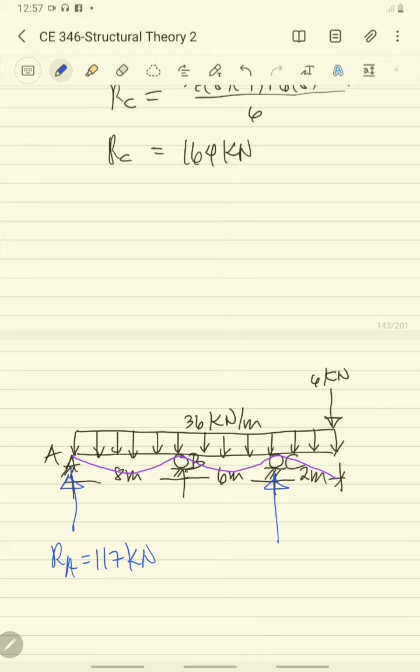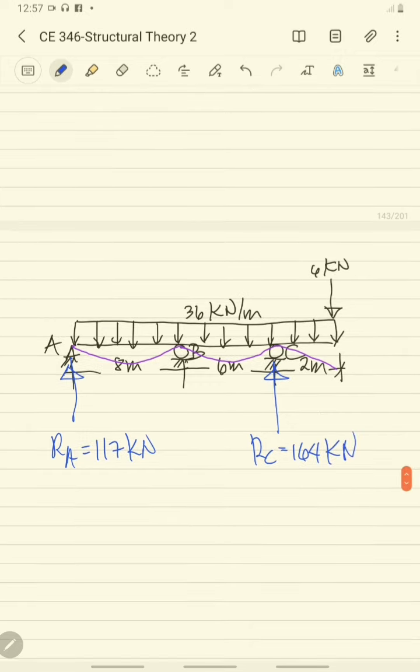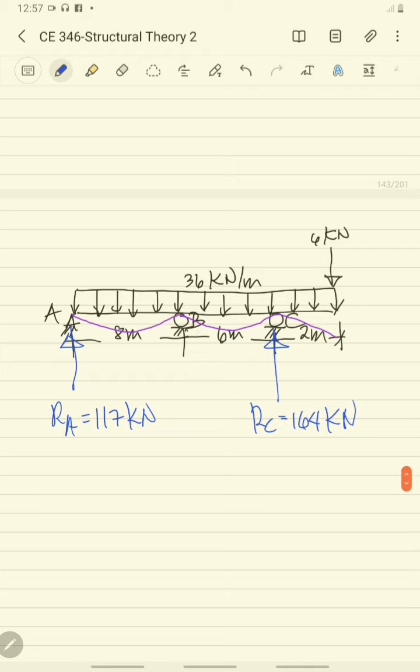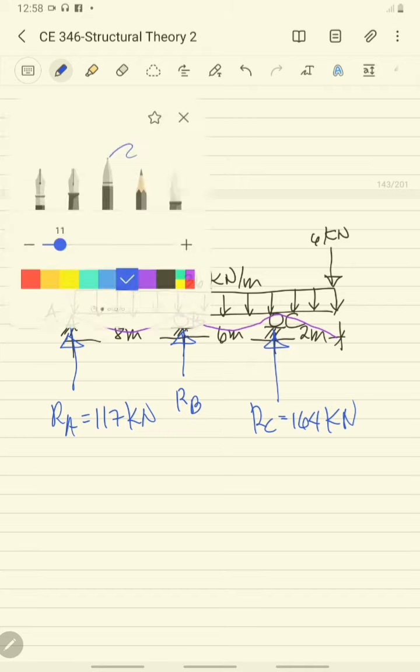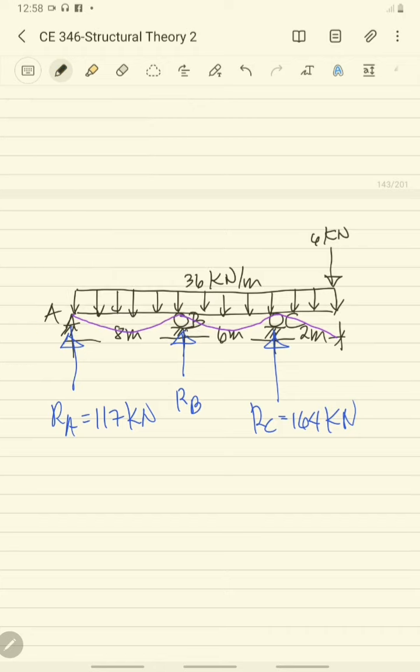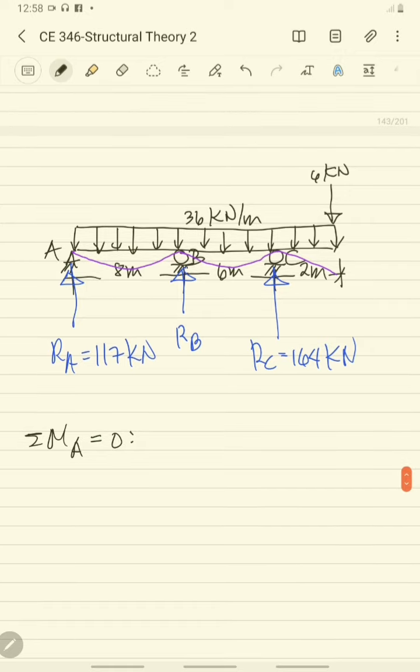Then for C, you have 164 kilonewton. So we have to determine the reaction of B. You can take summation moment at either support A or support C. So here, if I take summation moment at support A, which is equal to 0.